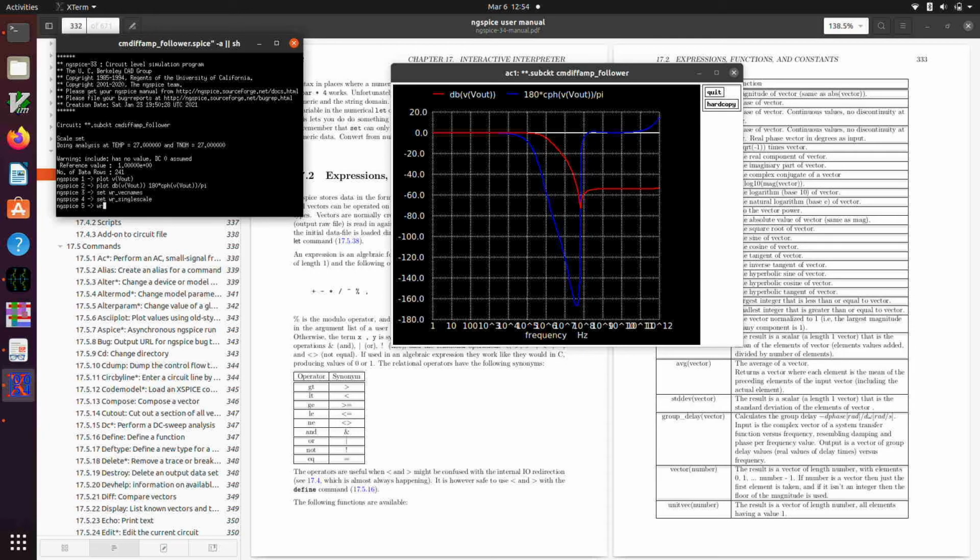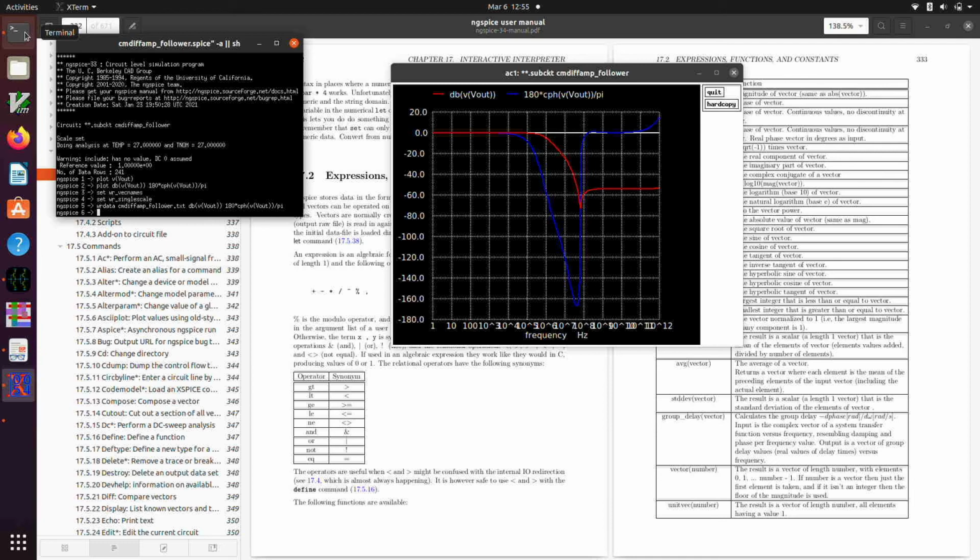So if we go wrdata, we can give it a name, so we could call this cm_diffamp_follower.txt, and then we can put expressions in here for the different vectors we want to write out. So we can basically put dB of V out and 180 times cph of V out divided by pi.